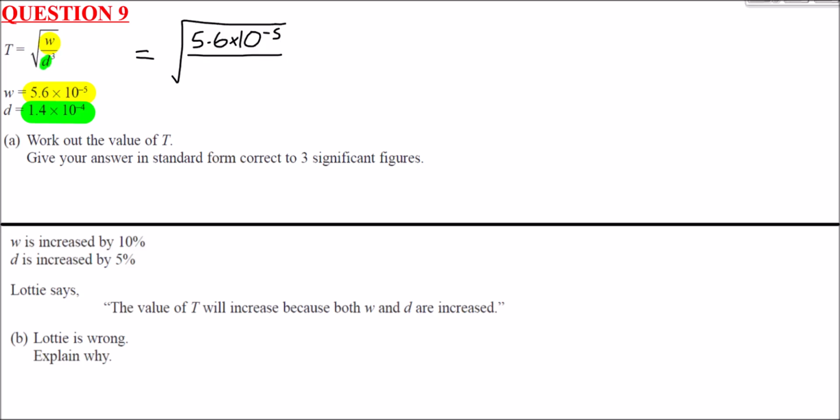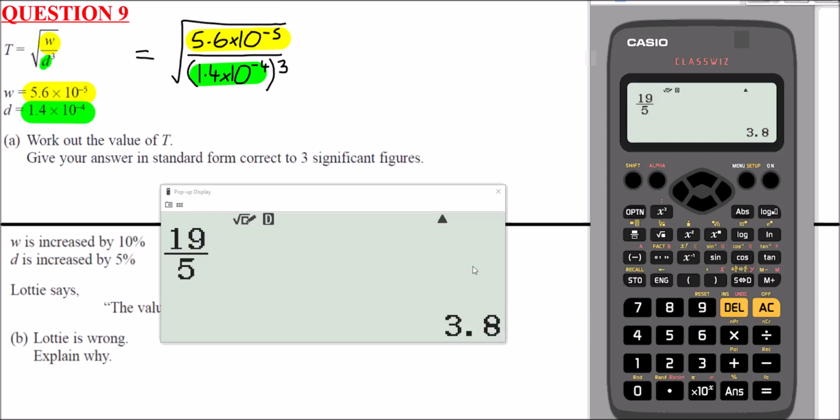What I'm telling you to do is put d in brackets so that you're cubing the whole of d, not just the 10 to the minus 4 part. So it's this thing here, all cubed. If you type it in carefully, just as I'm showing you, your answer will drop out correctly, and I'll show you how to type it in exactly.